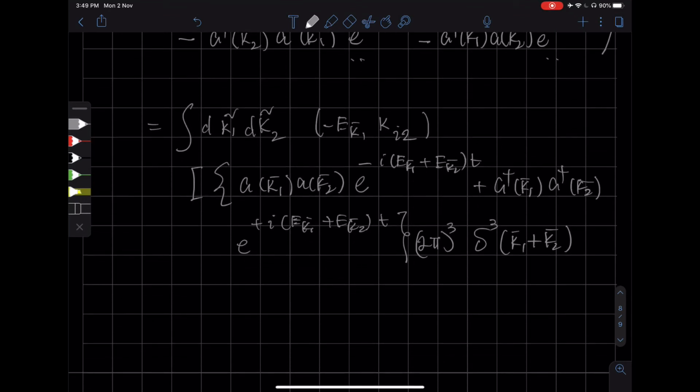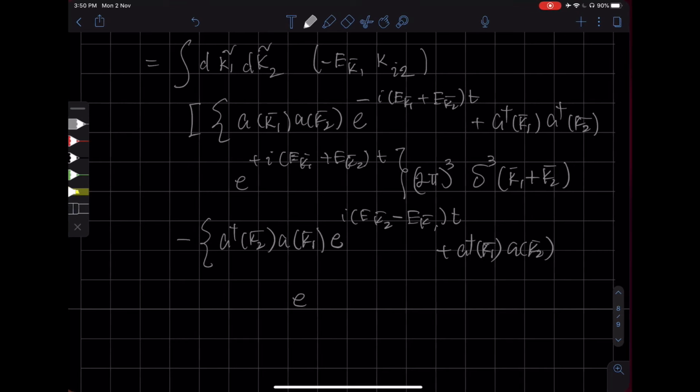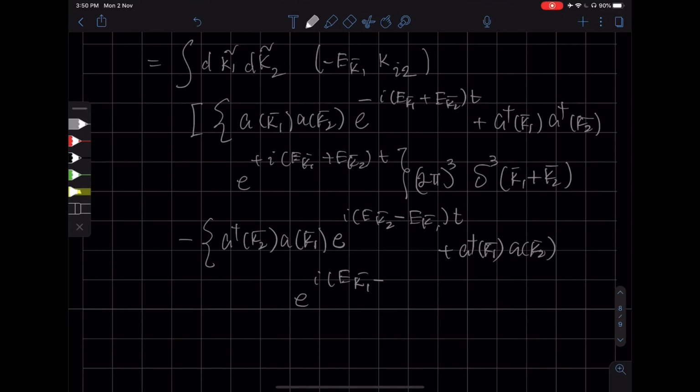And then from the second term, there's a minus sign we can factor out, and here we're going to have a dagger of k2, a of k1, e to the power I of e of k2 minus e of k1 times t, and then we're going to have plus a dagger of k1, a of k2, and that'll be multiplying e to the power I of e of k1 minus e of k2 times t, and the whole thing is multiplied by 2 pi cubed delta cubed of k1 minus k2.